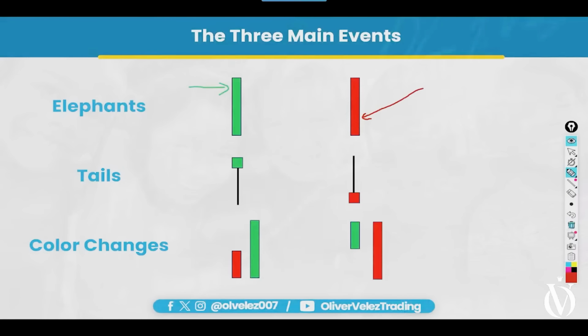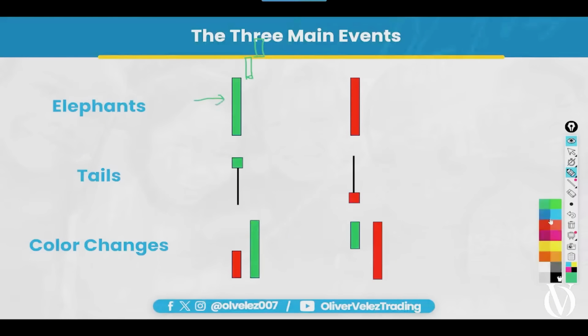Okay? Now, what we teach them is that the follow-through rate for an elephant bar is very high. It's about 80%. Which means that when you identify an elephant bar, you've got an 80% chance that there's going to be more green bars that follow a green elephant bar.